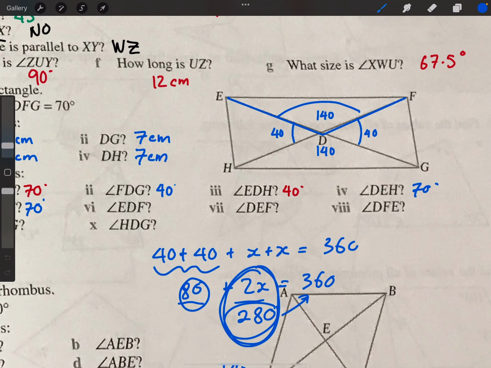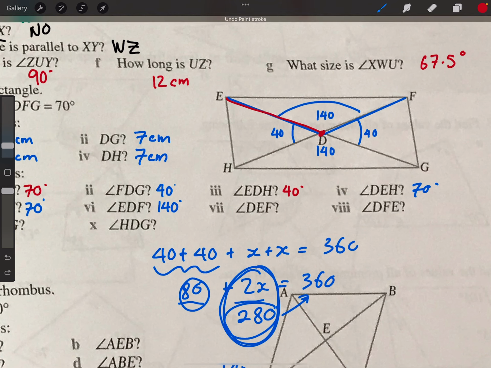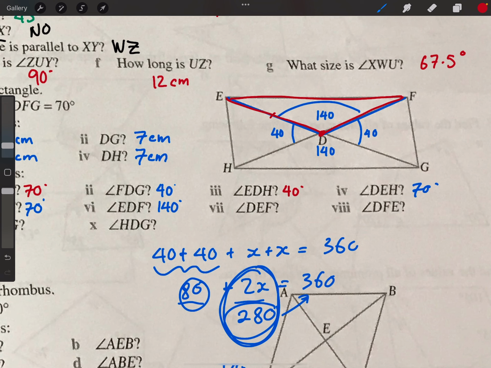So the angle EDF, this angle here, must equal 140 degrees. Angle DEF, where's that? Let me put it in red. D, E, and then F. Right, so again, this is another isosceles triangle. That's 140.